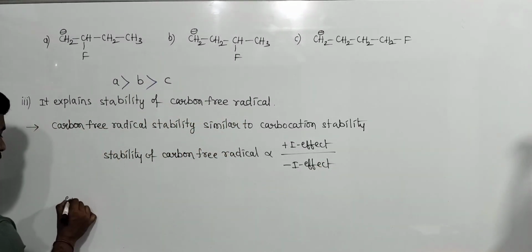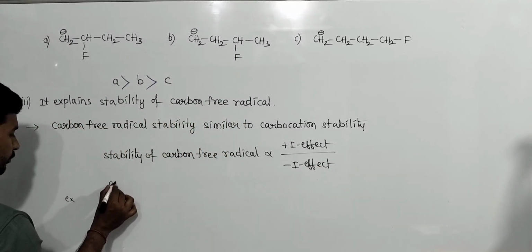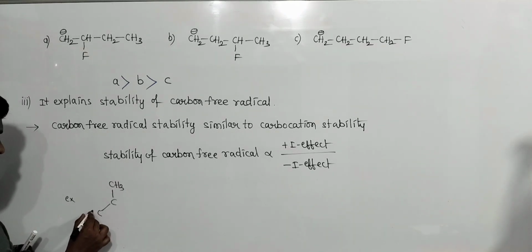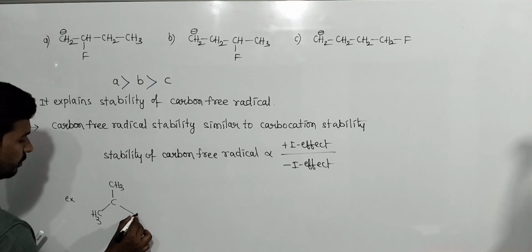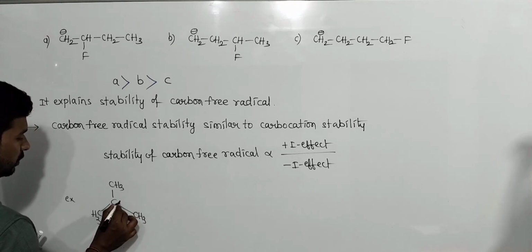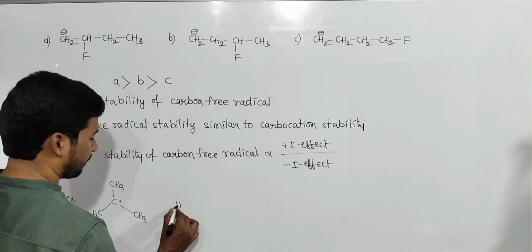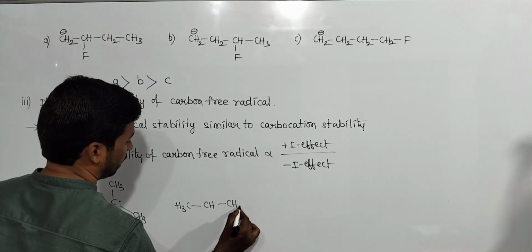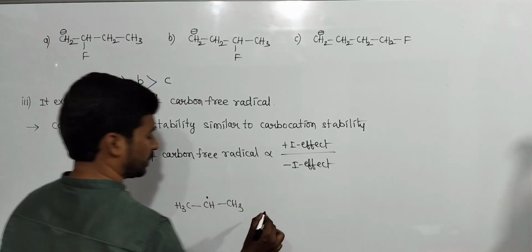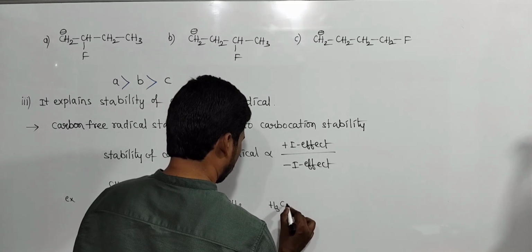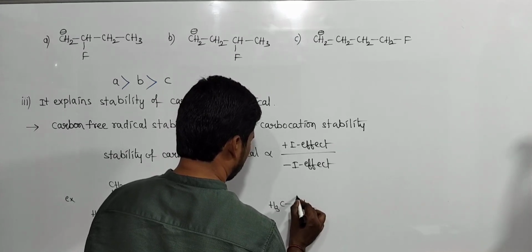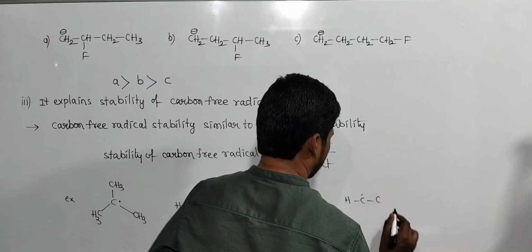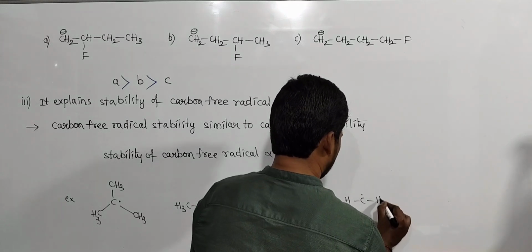Example, alkyl groups. Any alkyl group, I am taking simply methyl group. Tertiary carbon free radical. Next, taking secondary carbon free radical. Next, taking primary carbon free radical. Next, methyl carbon free radical, that is super primary.